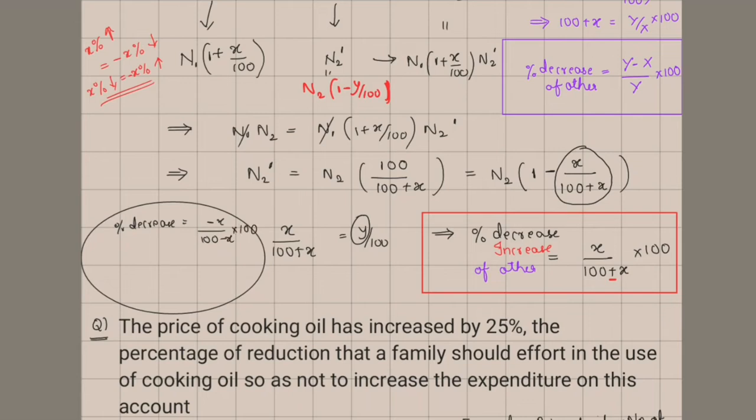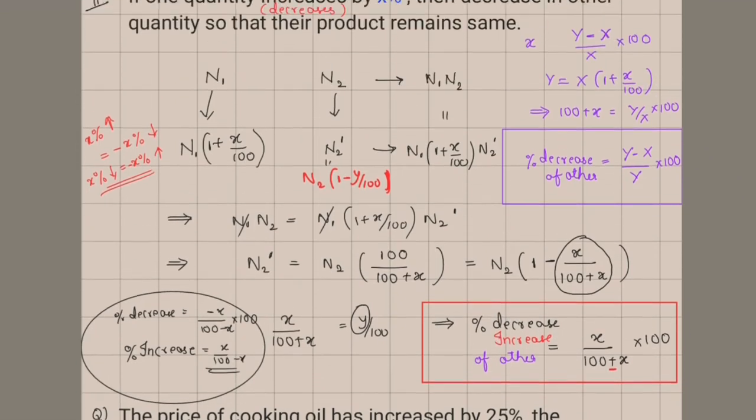If you take the minus to the left hand side, you get percentage increase, because the negative of percentage decrease is nothing but percentage increase, which is X by 100 minus X, which we got here. We have written that when percentage increases, you take a minus sign, and when it is percentage decrease, you need to take X by 100 plus X into 100.